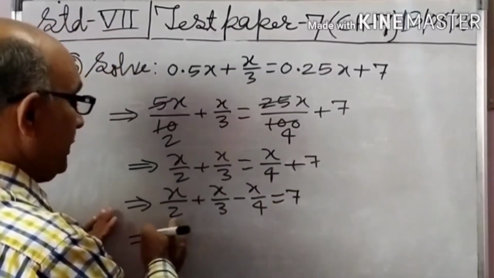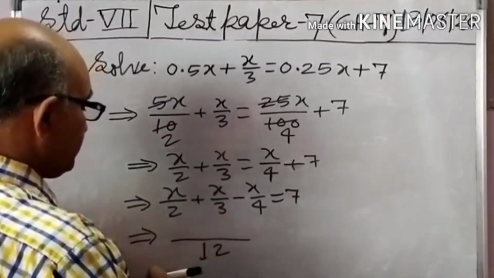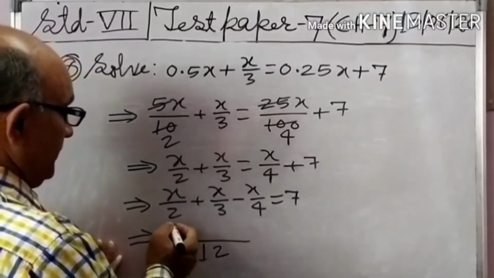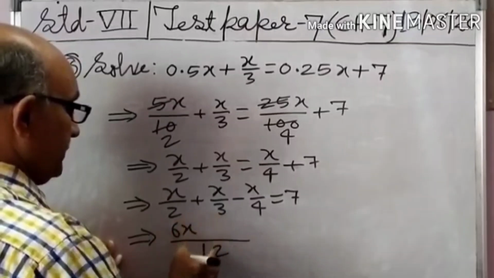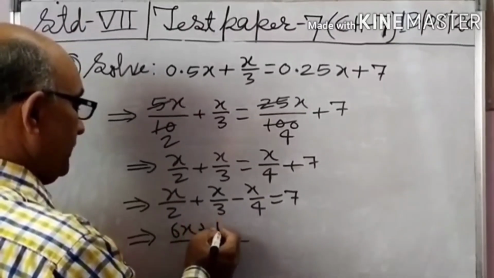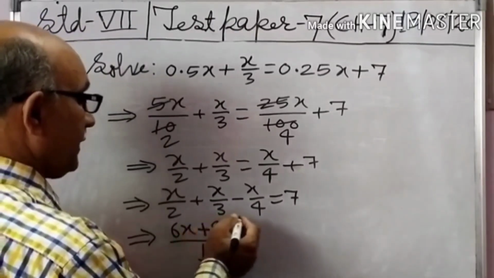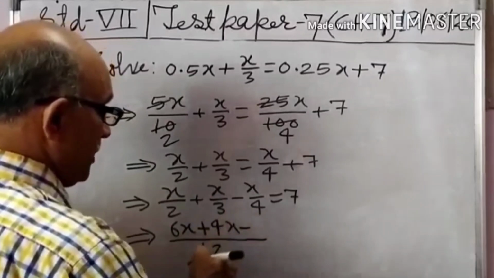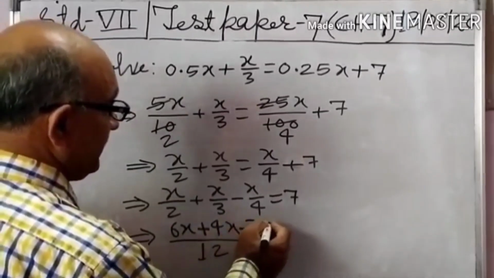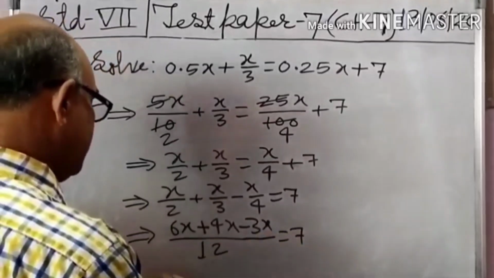Next step, LCM of 2, 3, 4 is 12. So 2 sixes are 12, 6x; 3 fours are 12, plus 4x; 4 threes are 12, minus 3x, equals 7.